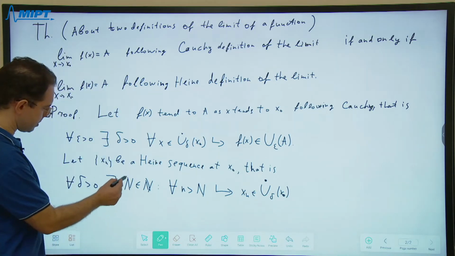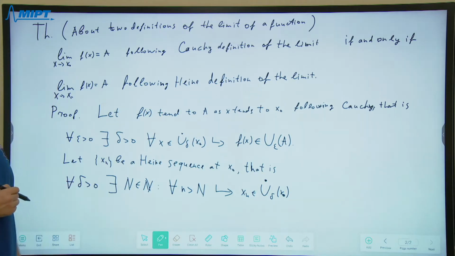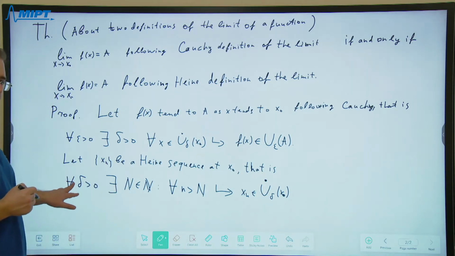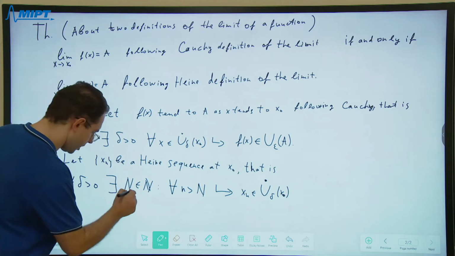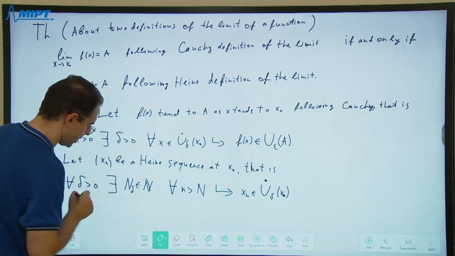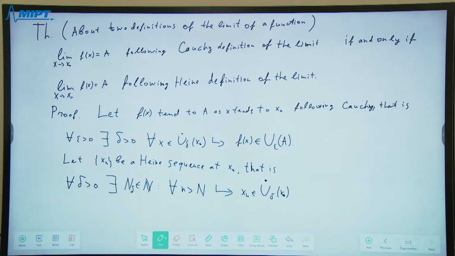Now, this number N depends on the previous numbers, specifically on delta, and I will denote it like that. We sometimes use this notation. It doesn't change anything, I'm just emphasizing that it depends on delta.